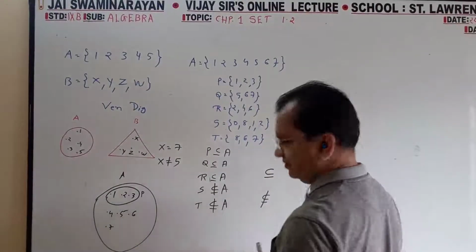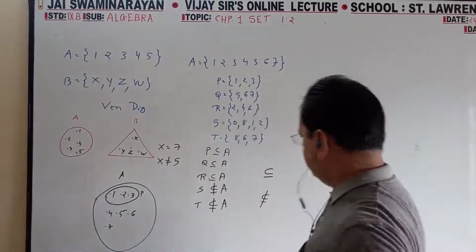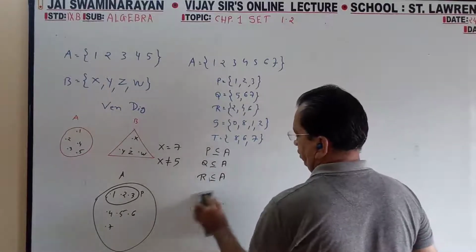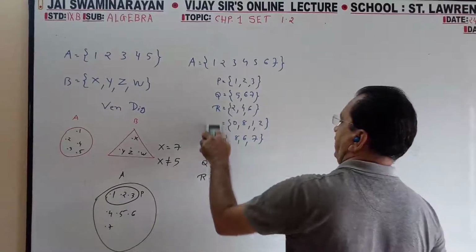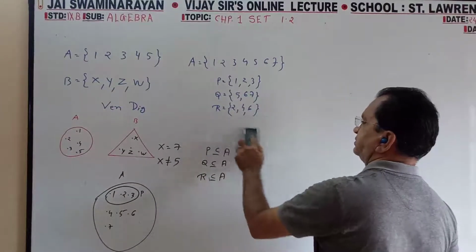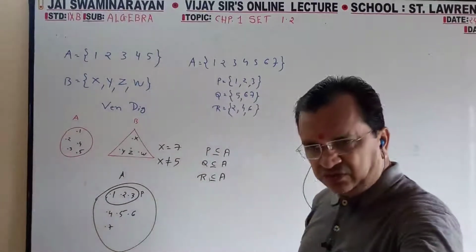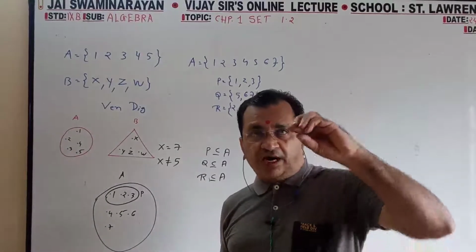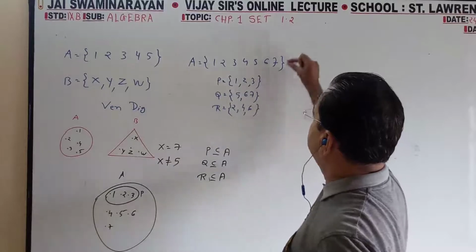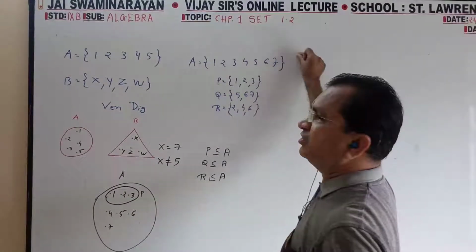Now, from this, I will remove those which are not subsets. Now, small groups are a part of one big group. This is a part of this, this is a part of this, this is a part of this.